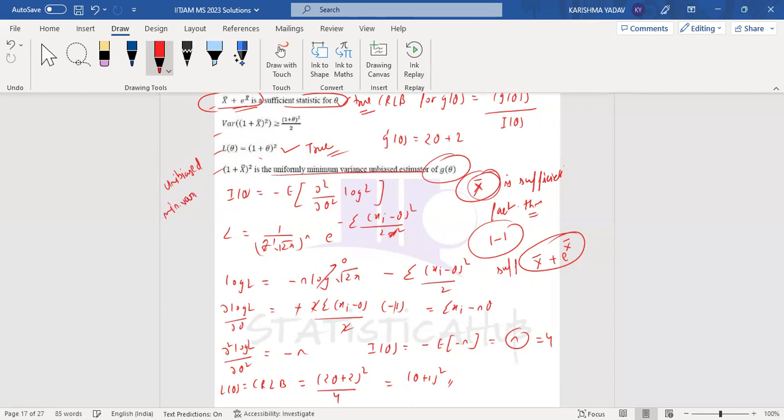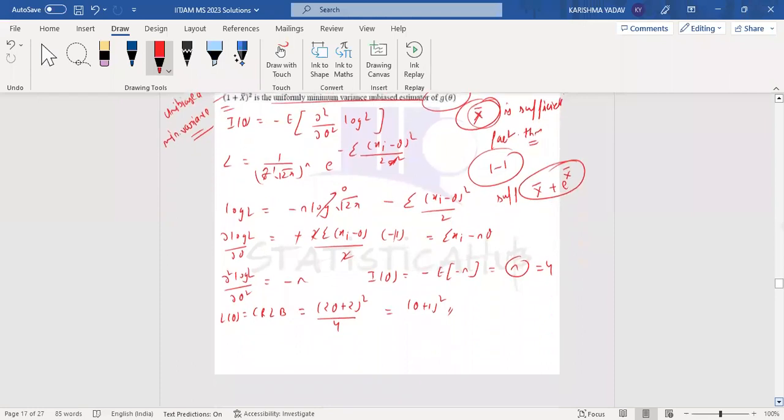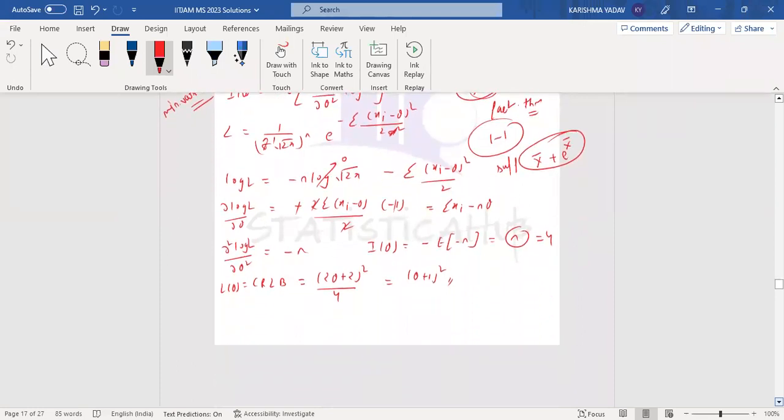These are the two things it is saying. So let's check whether it is an unbiased estimator or not. We are simply checking its unbiasedness.